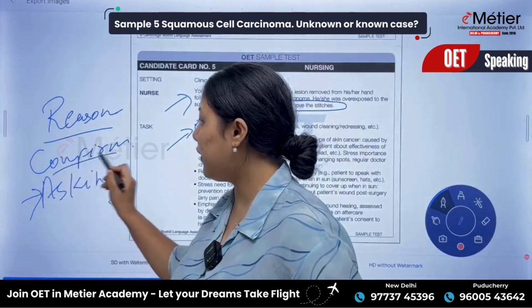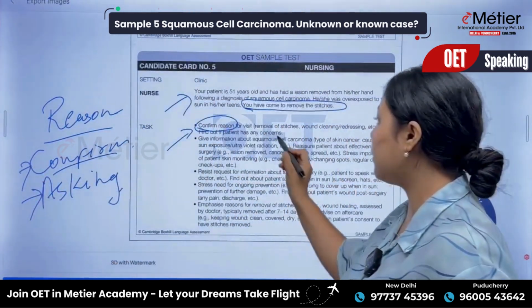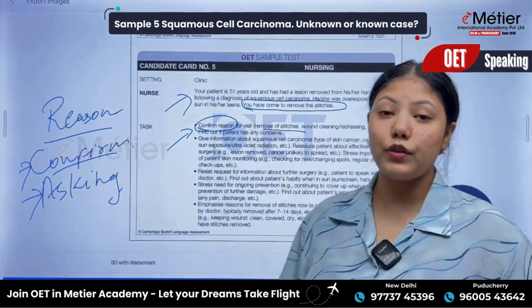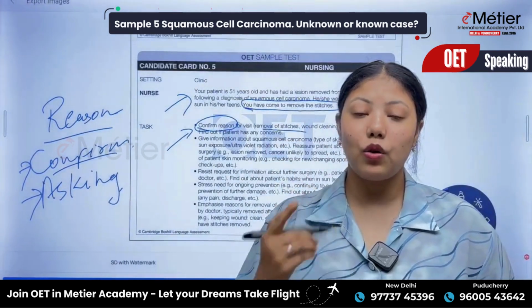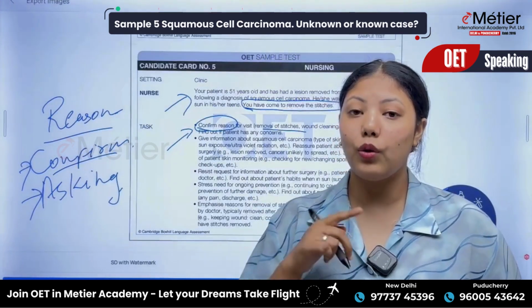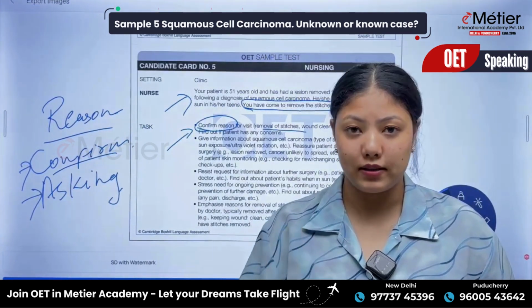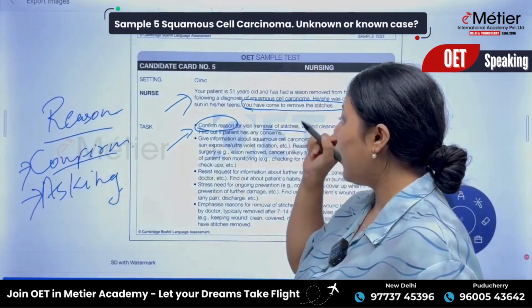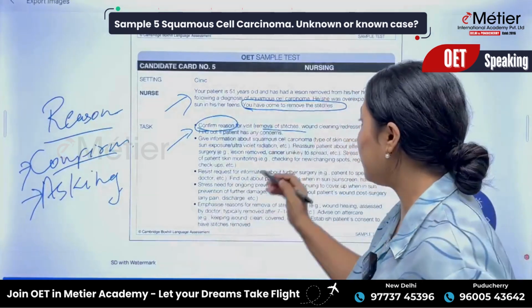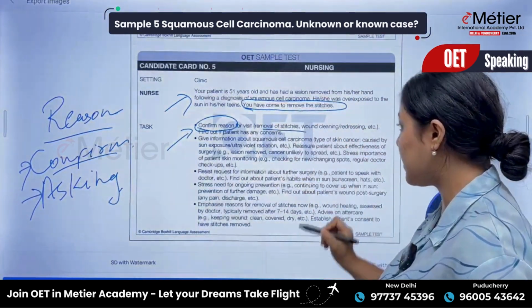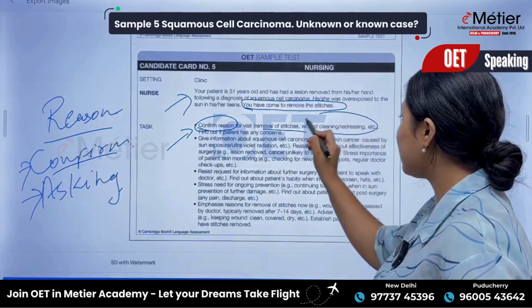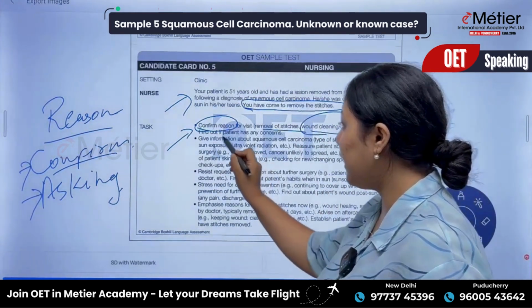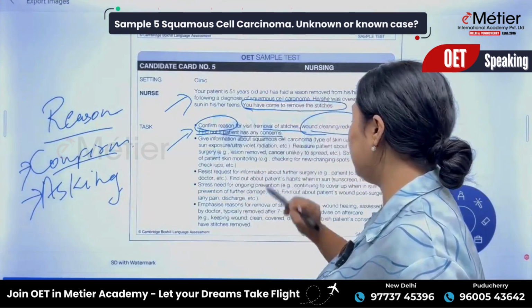But if it says confirm, then you need to say, if I'm not wrong, you are here for stitches removal. You need to state it. They're not telling you to ask the patient. You already know the patient, you no need to ask him. Okay? You simply have to state the reason. So, Mr. John, I've come here to remove your stitches and do the wound dressing and cleaning.